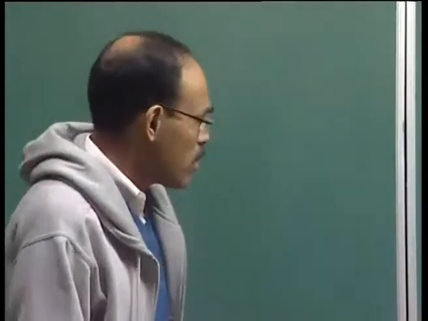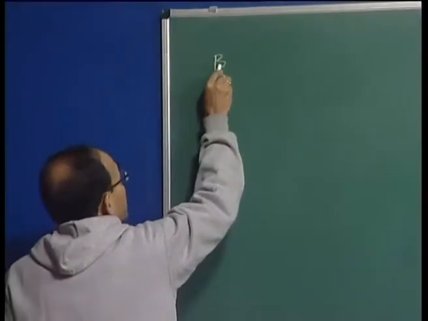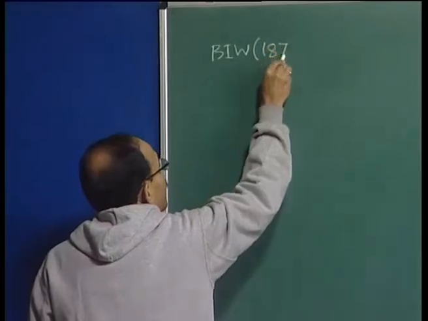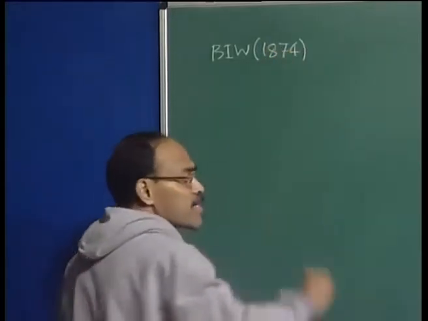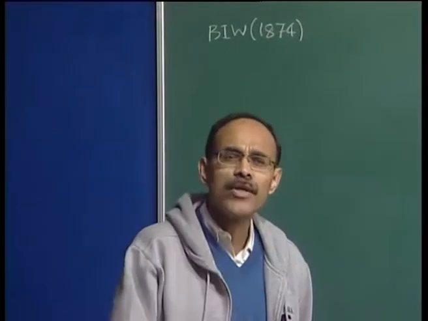Now, after that, around 1874 or so, the Bengal Iron Works started functioning, near the vicinity of Asansol, Kulti, Burnpur area.